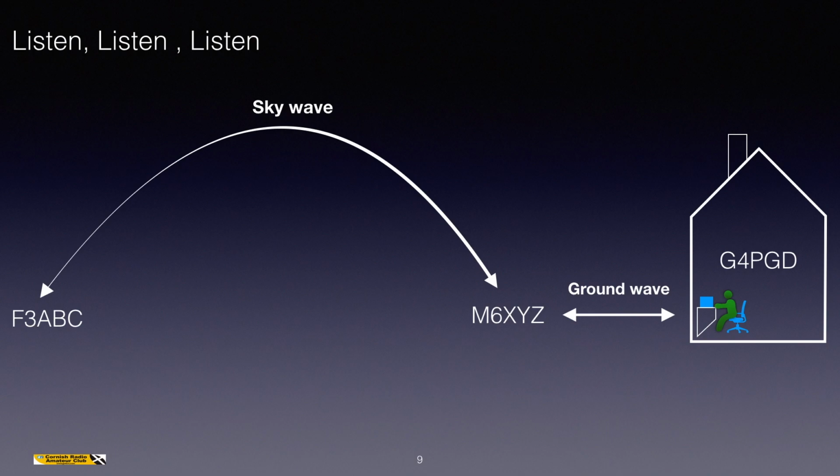So this is over the horizon communication between a French station on the left and M6XYZ. G4PGD, also in the UK, same as M6XYZ, cannot hear F3ABC directly, but he can hear M6XYZ because he's close by and can listen through ground wave.